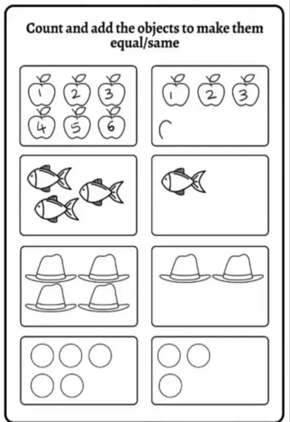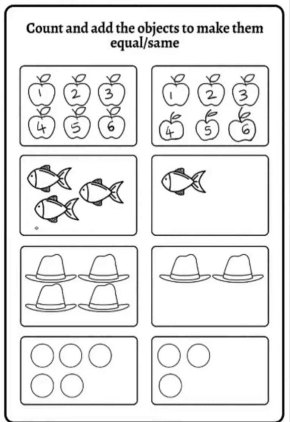So we will have to add 3 more apples to make 6 apples. 4, 5, and we will draw one more apple. That makes both the sides 6 apples. So, equal in number.